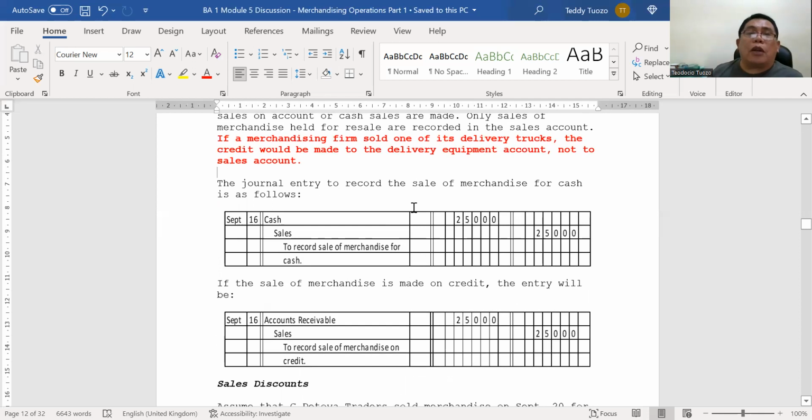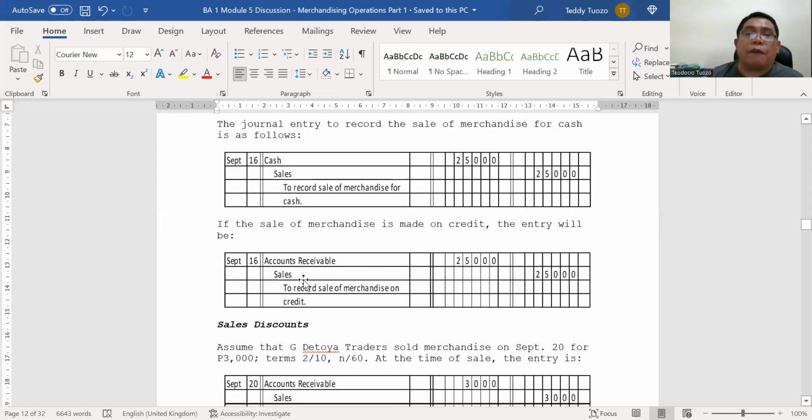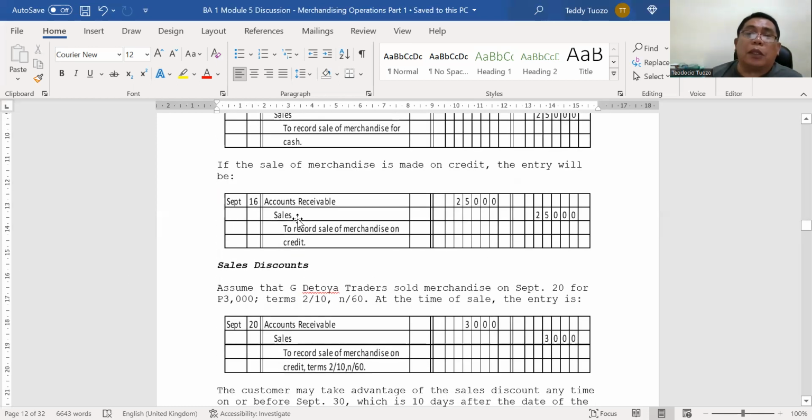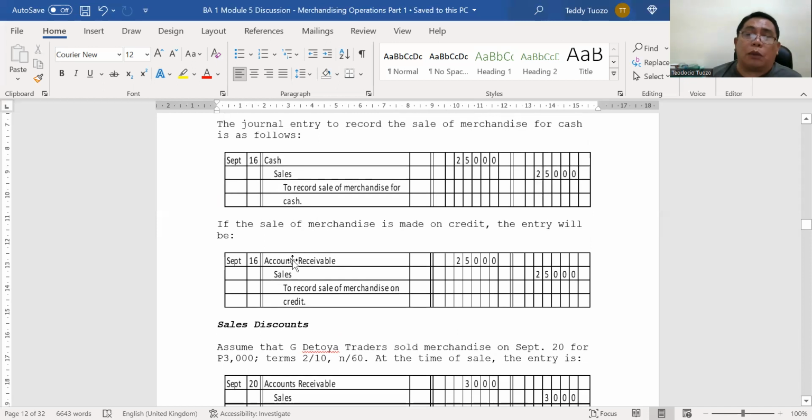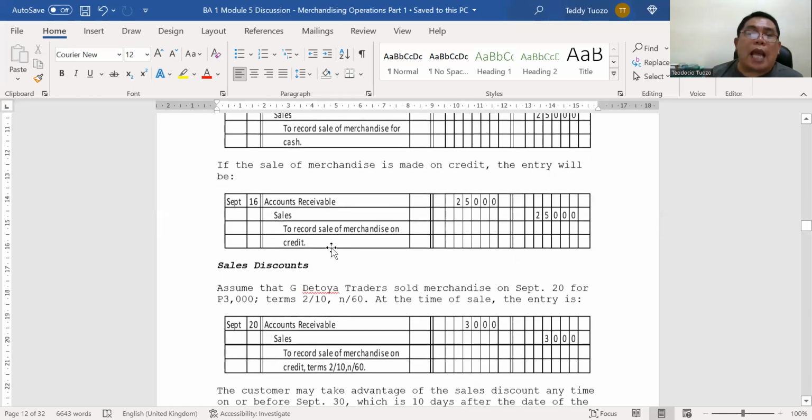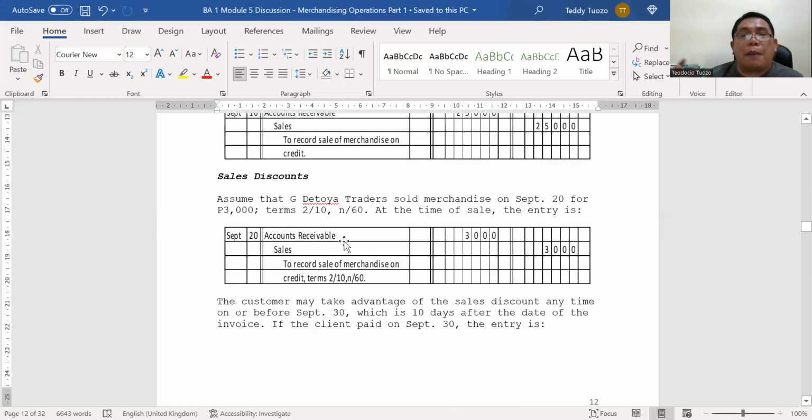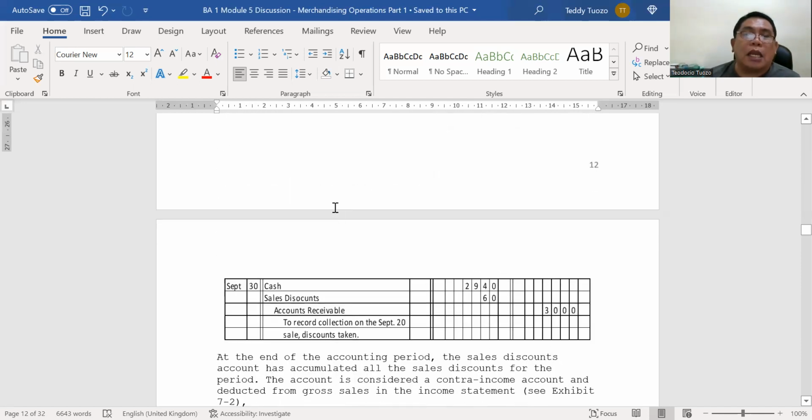The journal entry to record the sale of merchandise for cash is debit to cash, credit to sales. And if it is on credit, instead of a debit to cash, it would be a debit to accounts receivable and a credit to sales. And then for the sales discounts, for example, a customer owes 3,000, so debit to accounts receivable, credit to sales.